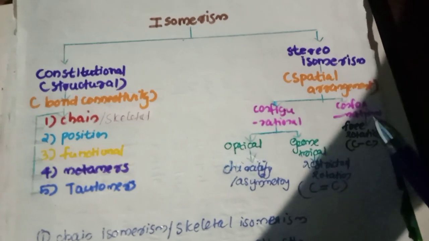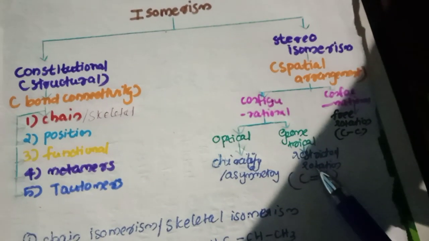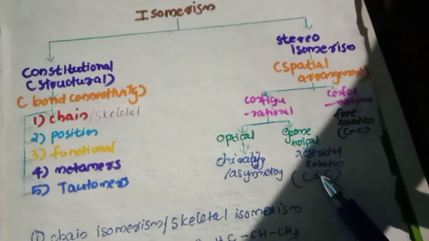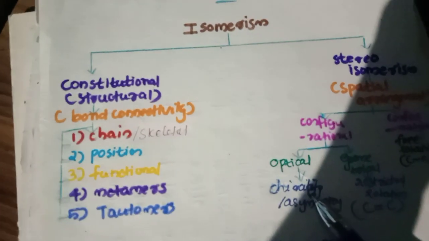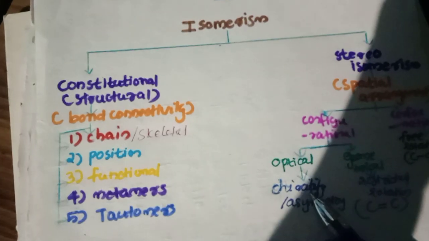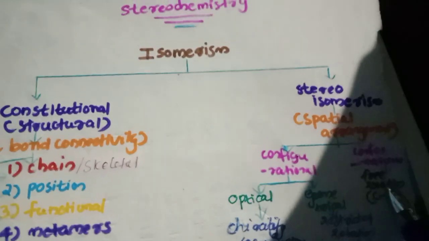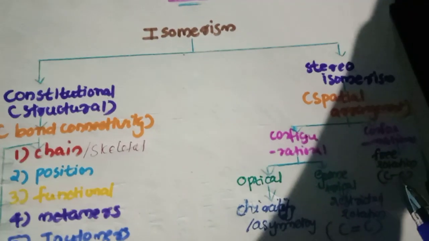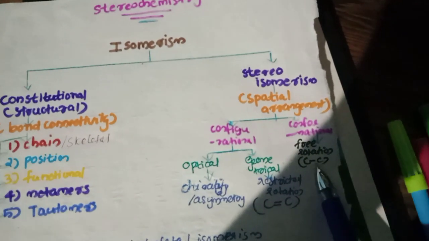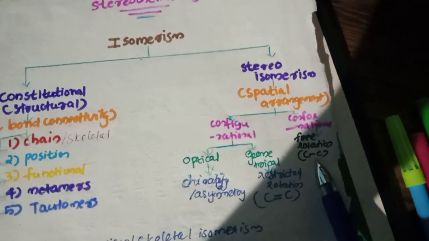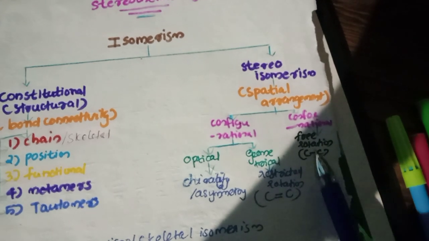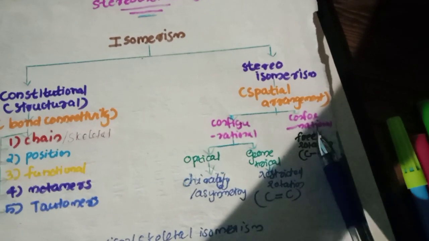Here we use E and Z nomenclature, etc. Here we use dextro-rotatory, levo-rotatory, etc. Conformational isomers arise due to the free rotation of the carbon-carbon single bond; the Sawhorse projection and Newman projection all come under conformational isomers.